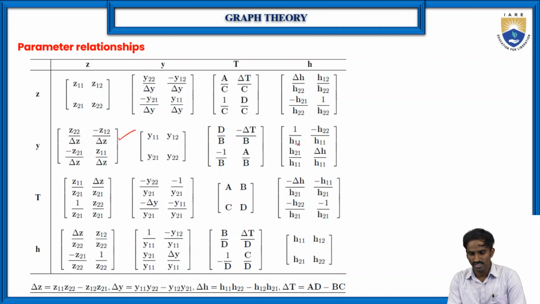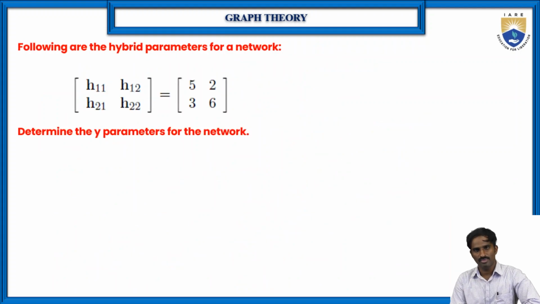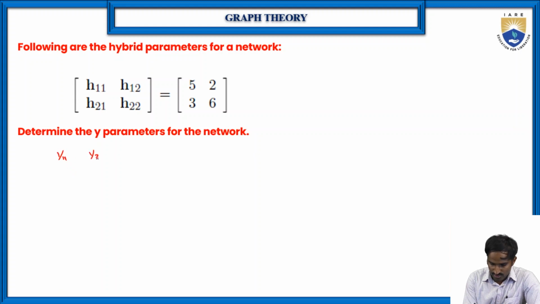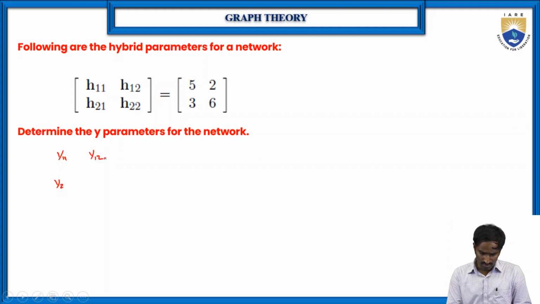The y parameters in terms of h parameters are 1 by h11 and minus h22 by h11, and h21 by h11 and delta h by h11. So this is the matrix. First let us write this matrix: y11 and y12, and similarly y21 and y22.